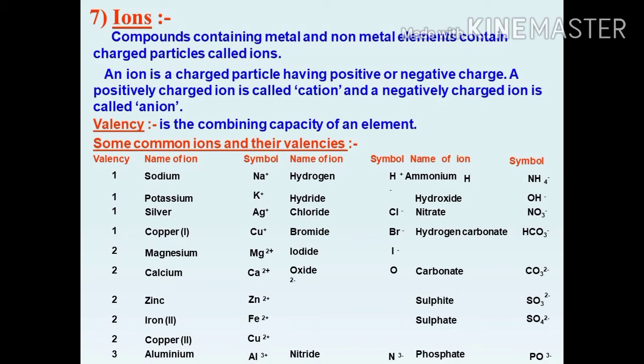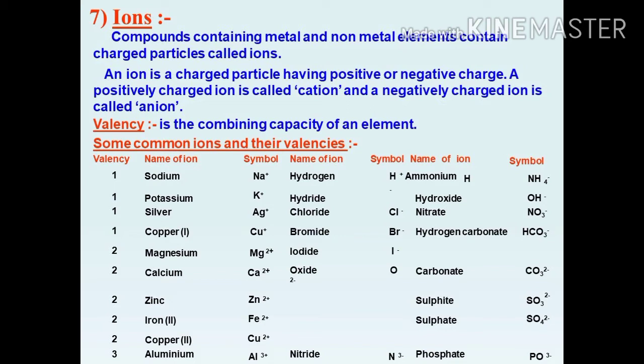Hydrogen symbol H. Hydride symbol H only. Then chloride Cl, bromide Br, iodide I, oxide O. These are the non-metallic elements. Then see the last column, that is polyatomic ions.